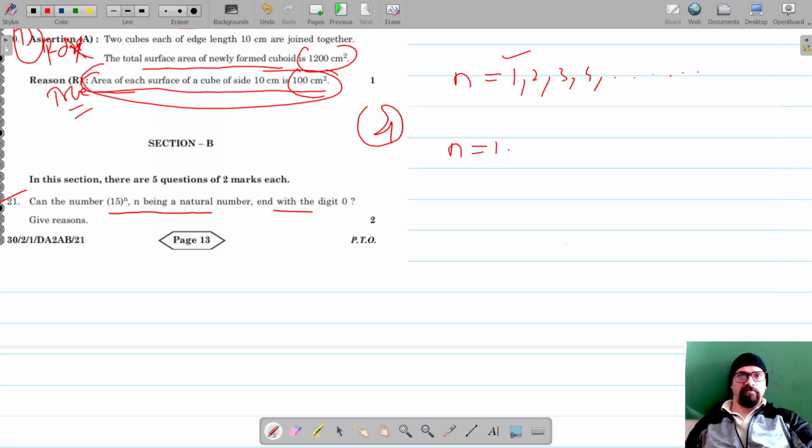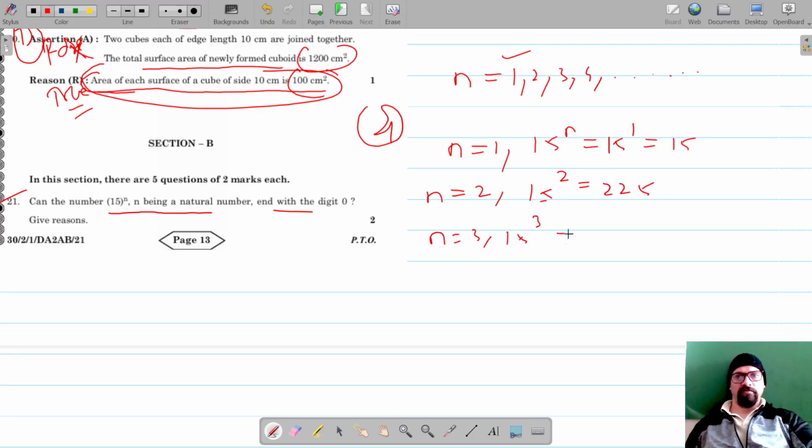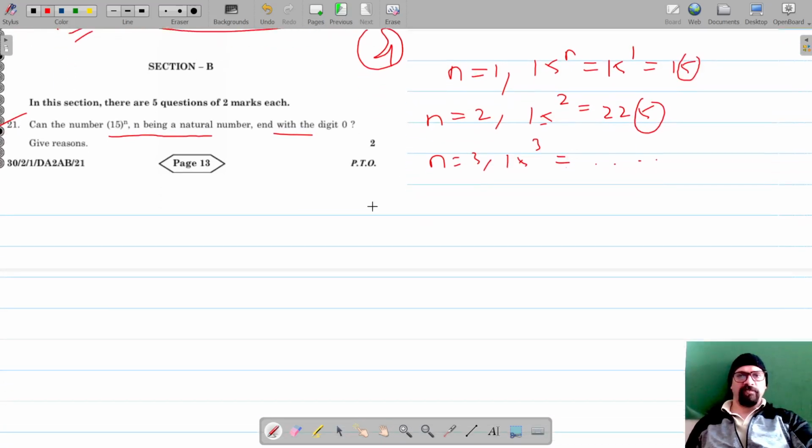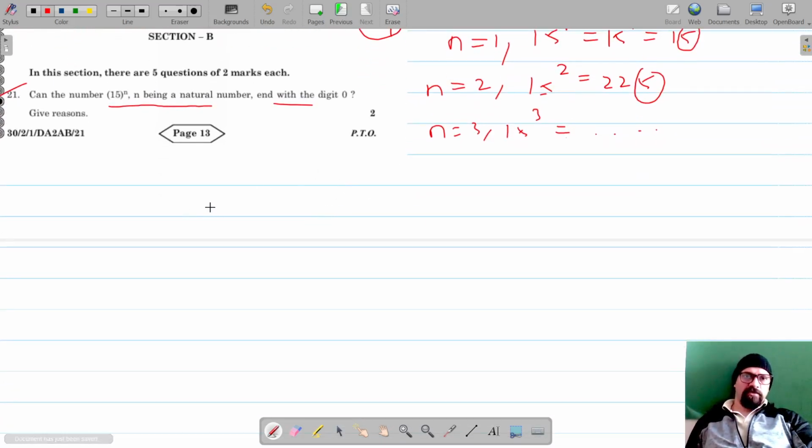If n is equal to 1, then 15 raised power 1 is equal to 15. If n is equal to 2, then 15 square is equal to 225. Similarly, if n is equal to 3, we can calculate the value of 15 cubed. Now we have to check if this is ever going to end with the digit 0 or not. Suppose there is a number that ends with digit 0.